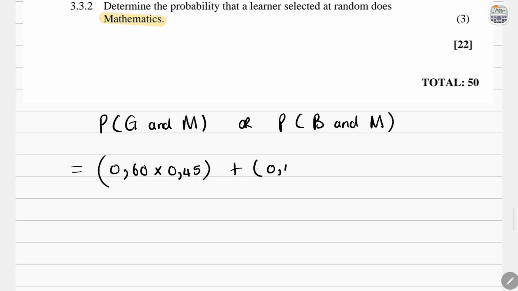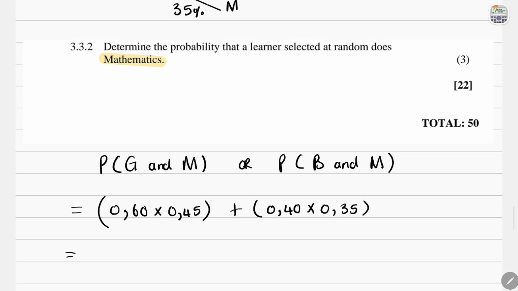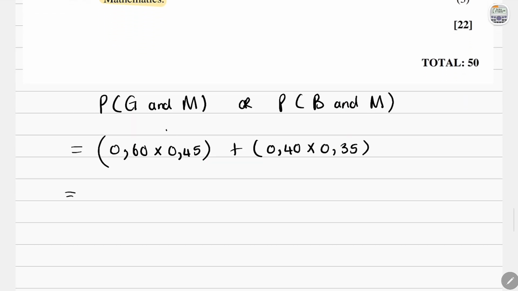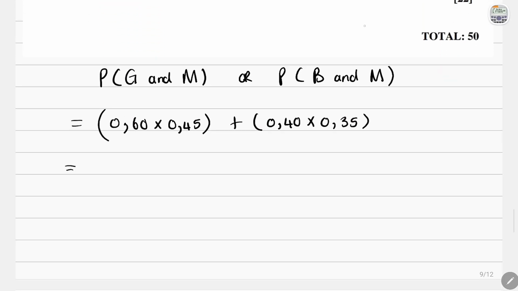So that is 0.40 multiplied by 0.35, and this will give us our answer. For the sake of calculation, just because it's 3 marks, I feel like they're giving you a mark for seeing this answer, and then maybe the final answer. Probably not, it's 3 marks, but I'm still going to find them individually first.